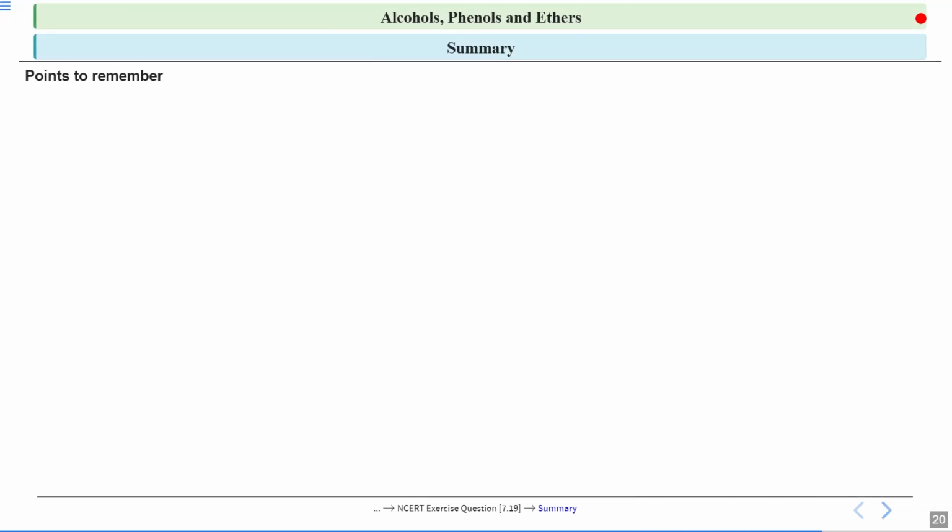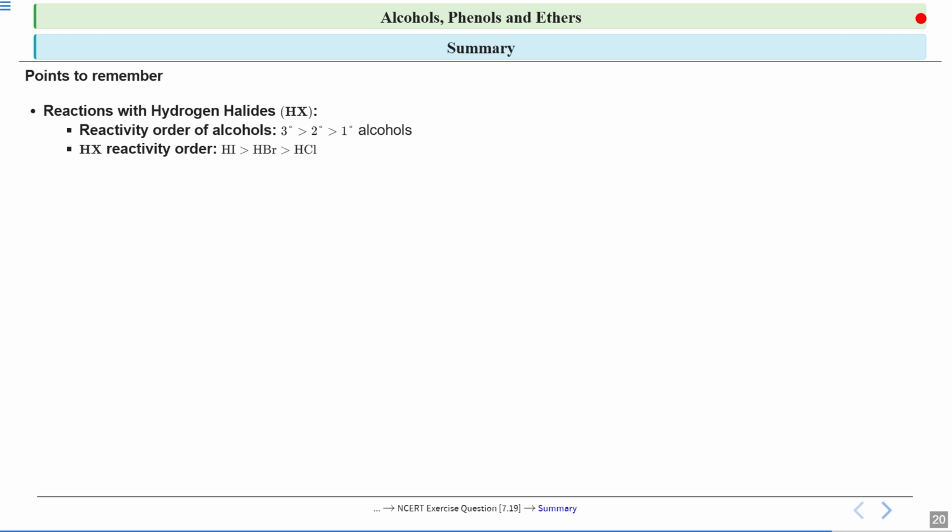now we will summarize whatever we have studied in this lecture. So reactions with hydrogen halides we studied first. In that we saw that the reactivity order of alcohols is 3 degree, 2 degree and 1 degree because a carbocation is formed in this reaction and the tertiary carbocation is more stable compared to secondary and then primary.